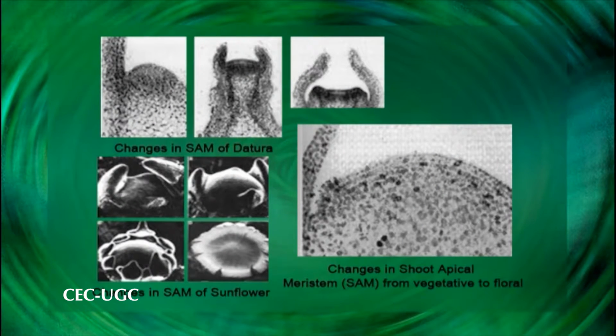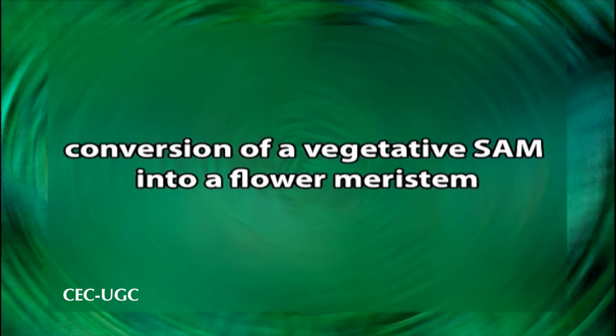Now, changes in shoot apical meristem. Flowers exist in a variety of arrangements on the plants, but basically they can be considered as occurring singly or clustered in inflorescence. When they occur singly, the flowers usually arise by the conversion of a vegetative shoot apical meristem into a flower meristem.